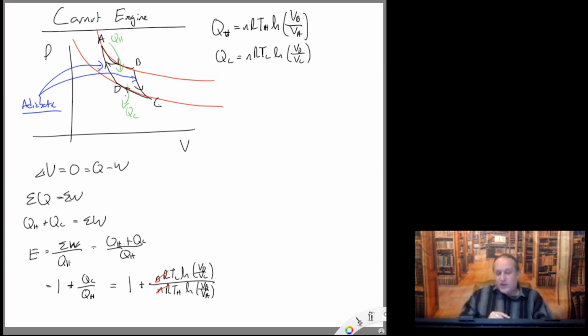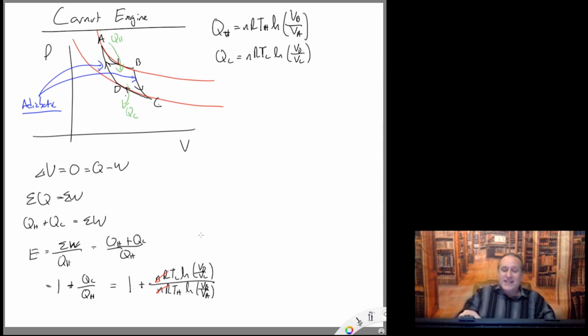Okay. Let me pause because I know this is just another level from what we've done the rest of the semester. Are there any questions? Okay, right now, this is looking a little funny. It's looking like the efficiency will be bigger than 1. But we have to keep in mind that natural log is negative whenever the argument of the natural log is less than 1.